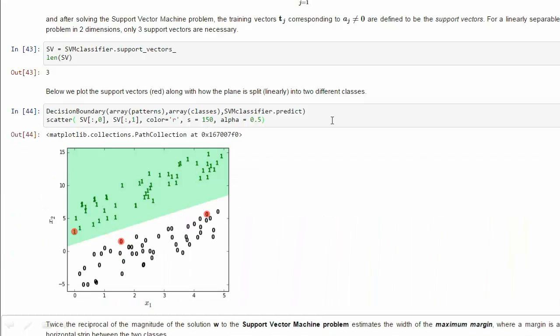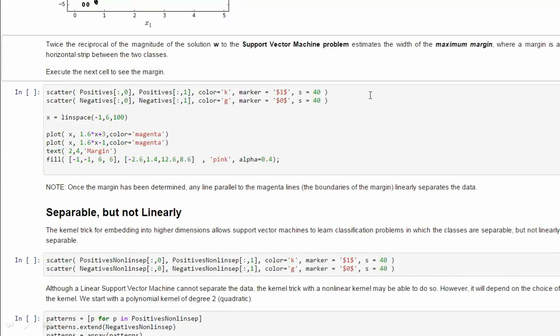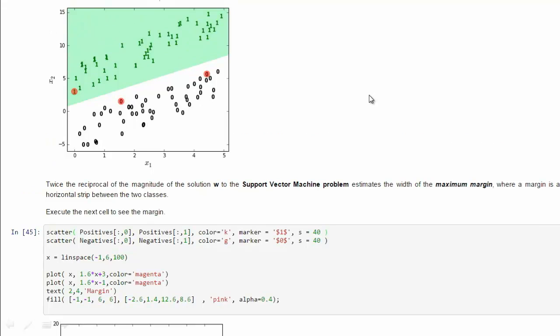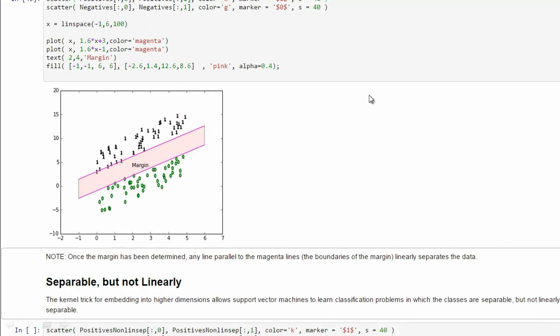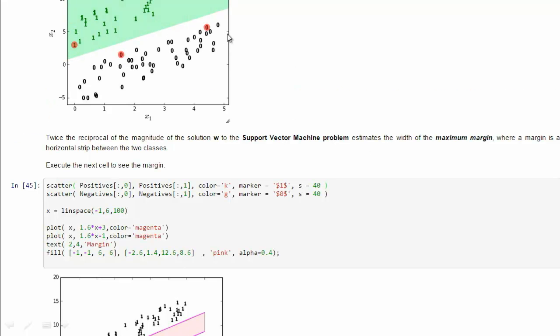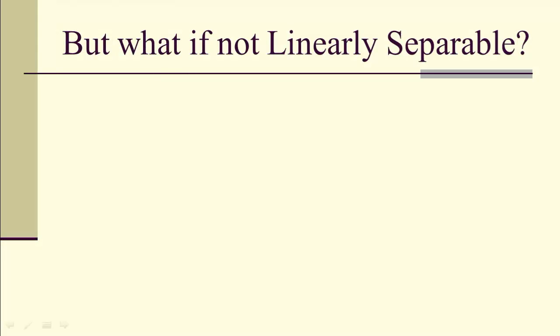Notice there's only 3 support vectors, but we do get this division into 2 regions. And there's our margin. The margin is the region determined essentially by the line through the zeros and then the line through that 1 that's parallel to it. So there's only 3 support vectors, even though we sort of indicated a lot of them. Okay?